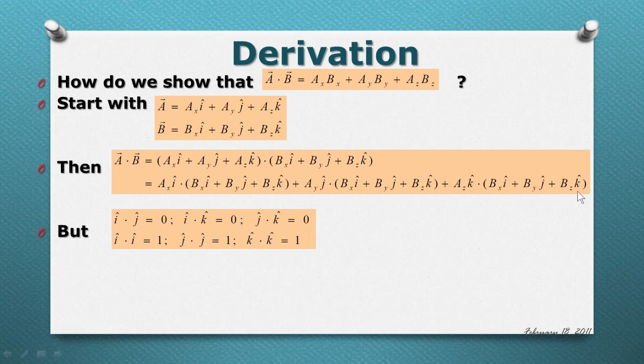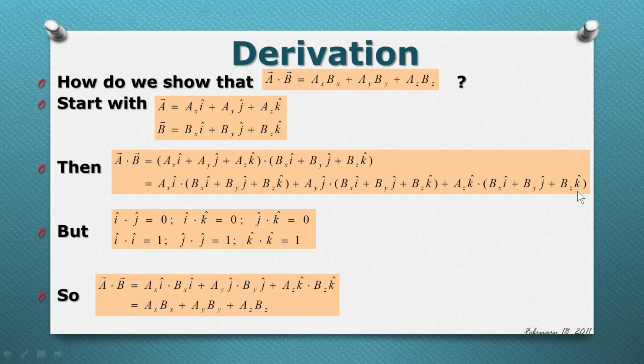Okay, when you do it step by step, put all these values and you will find the answer. A dot b is equal to ax i hat dot bx i hat plus ay j hat dot by j hat plus az k hat dot bz k hat. So i hat dot i hat is 1, j hat dot j hat is 1, k hat dot k hat is 1.